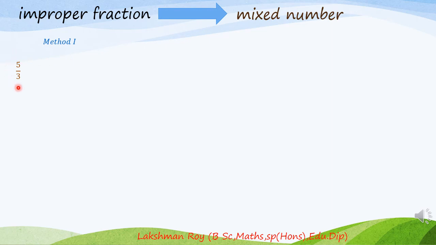See here, in this fraction the denominator is 3. Now what I'm going to do is write this 5 using addition, using this denominator. You have to use the number 3, and a number less than 3.